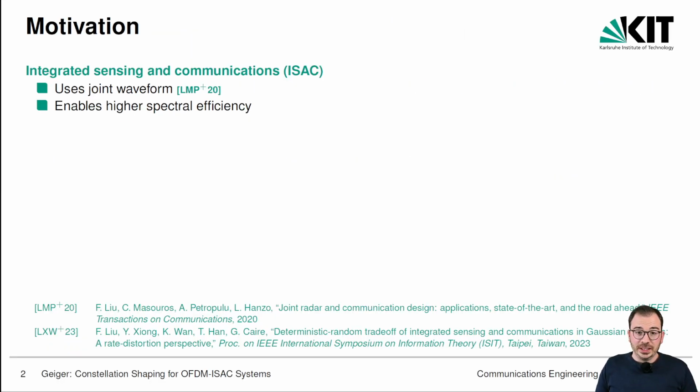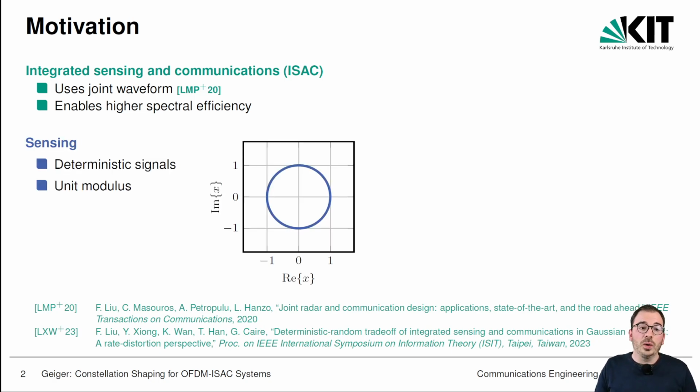Integrated sensing and communications has the potential to increase the spectral efficiency significantly by using a joint waveform for communications and for sensing. However, this also introduces trade-offs. For sensing, we prefer deterministic, especially unit modulus signals.